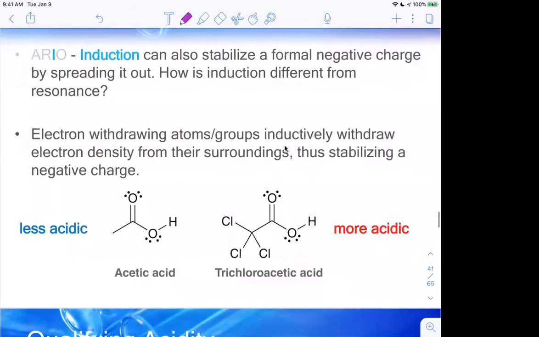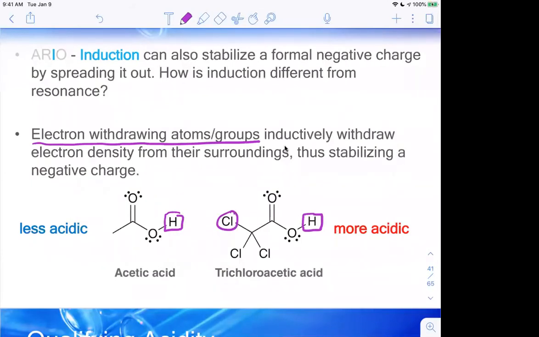So if I look at this, any electron withdrawing atoms or groups that are near an acidic hydrogen can affect the stabilization of that conjugate base. So let's look at acetic acid versus this guy. Now this is trichloroacetic acid.